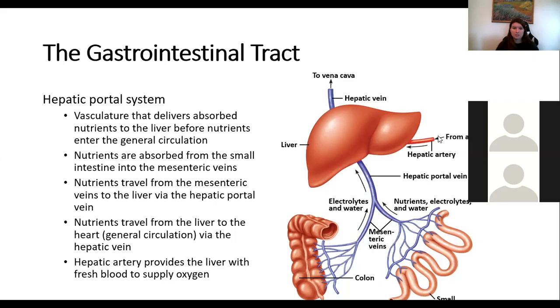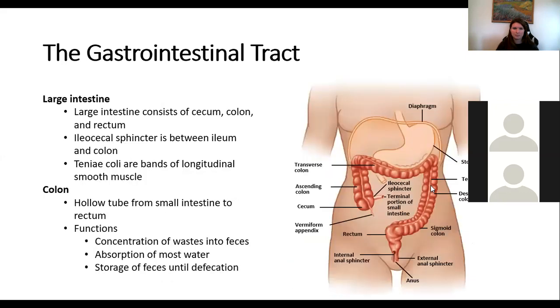The liver does have its own artery that gives the liver fresh blood in order to basically help it do this and supply oxygen to it. Okay, we will talk a little bit more about the liver at the end of the slide set too. Yeah, so if that was confusing, we are coming back to the liver.